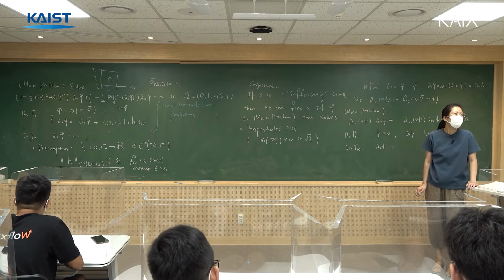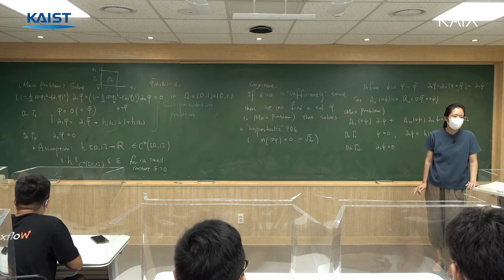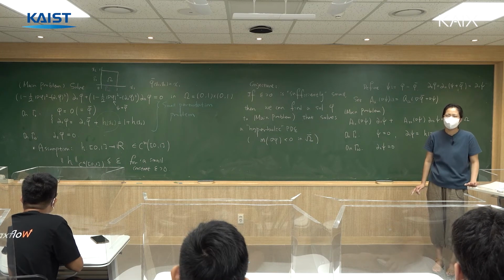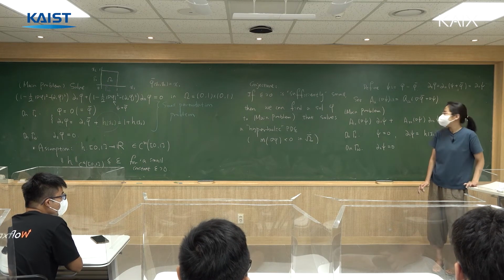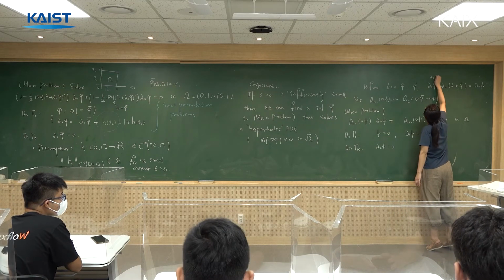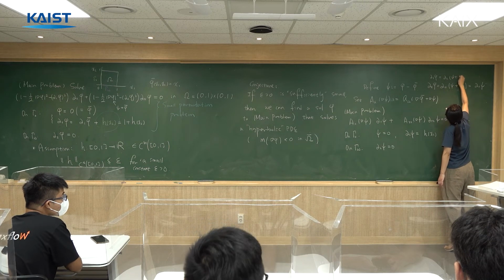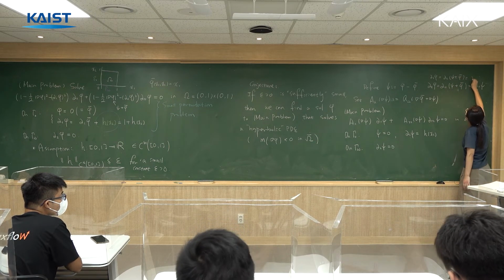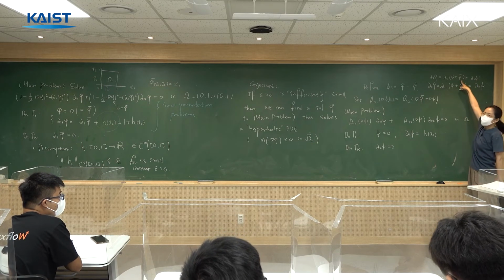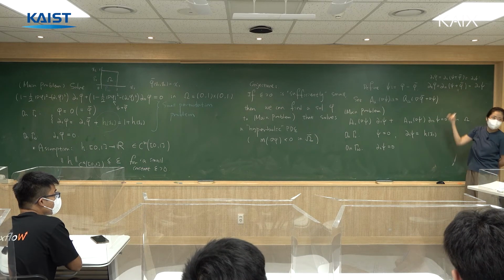Is it true? Yes or no? Yes, why? Well, same deal. D2 phi is D2 psi plus D2 phi bar generally, and phi bar is a function of just x1.